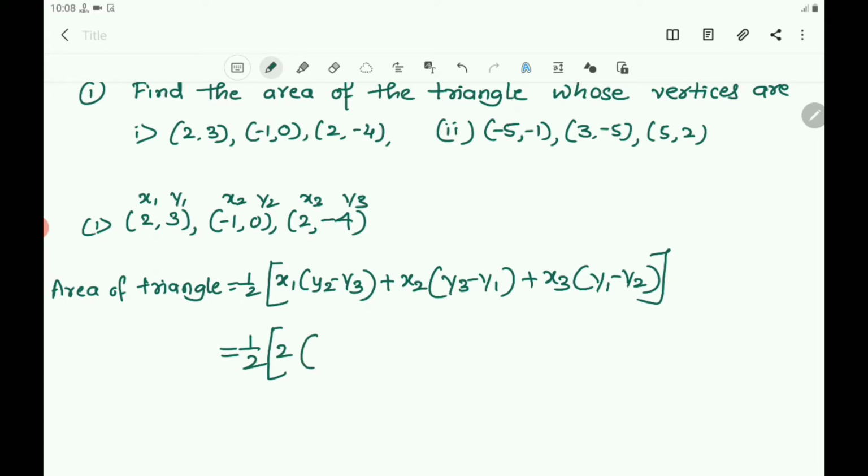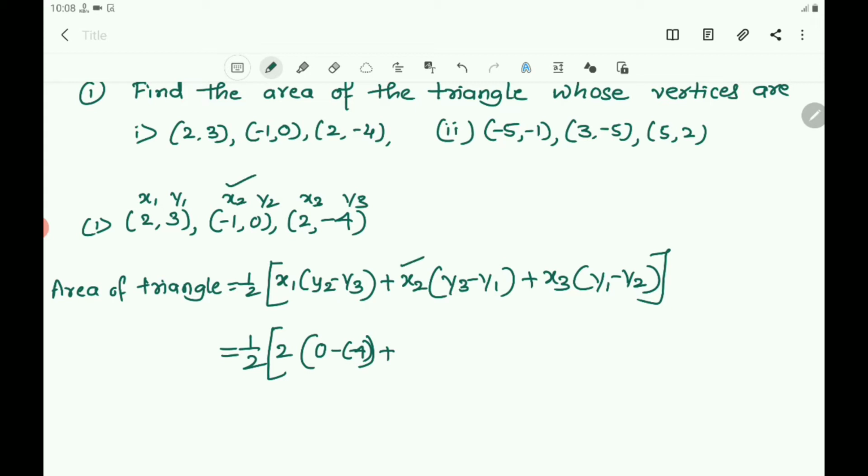And in the bracket you write y2 minus y3. Right? y2 minus y3. What is y2? 0 minus of minus 4 plus. Next x2.